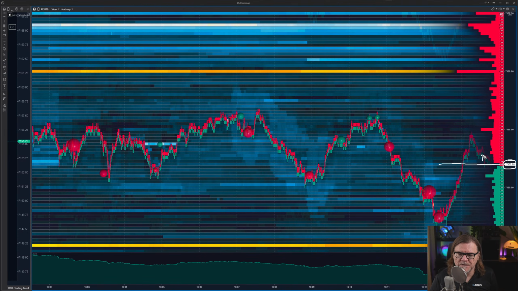Anything above the line is red. I'm talking about this profile. It's red. Anything below the line is green. What does it mean? What does it represent?